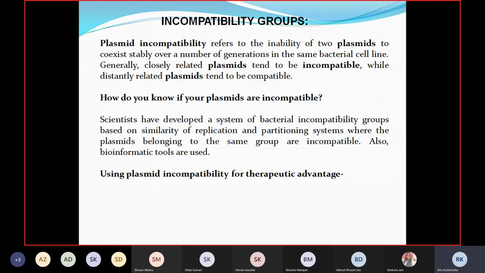Why? Because if they share the same ORI, then they will compete for the same machinery for replication. So it's better to look for plasmids which have different origin of replication regions, which are definitely much more compatible compared to plasmids that have the same ORI.